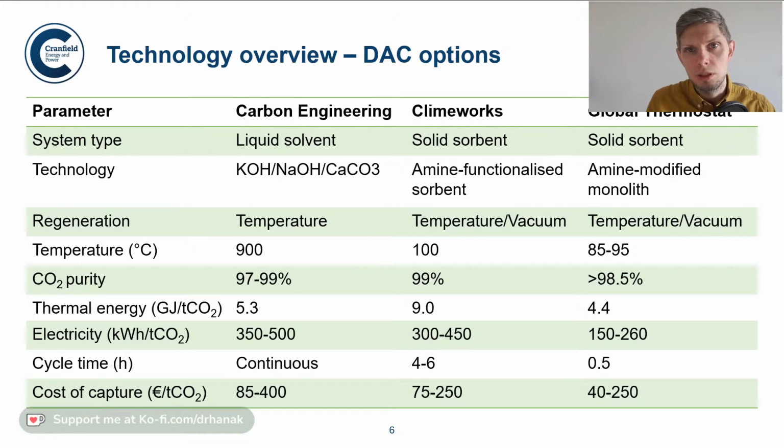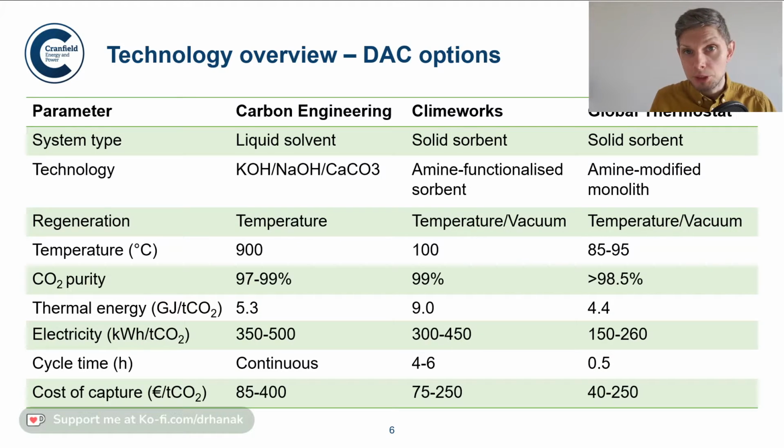It could be 850, it could be 950, and so on. The thermal energy requirement might not be as high, but the high temperature causes an issue as well. Climeworks and Global Thermostat need lower-grade heat, about 85 to 100 degrees Celsius, but the amount of heat might be quite high depending on how you can heat integrate that process.